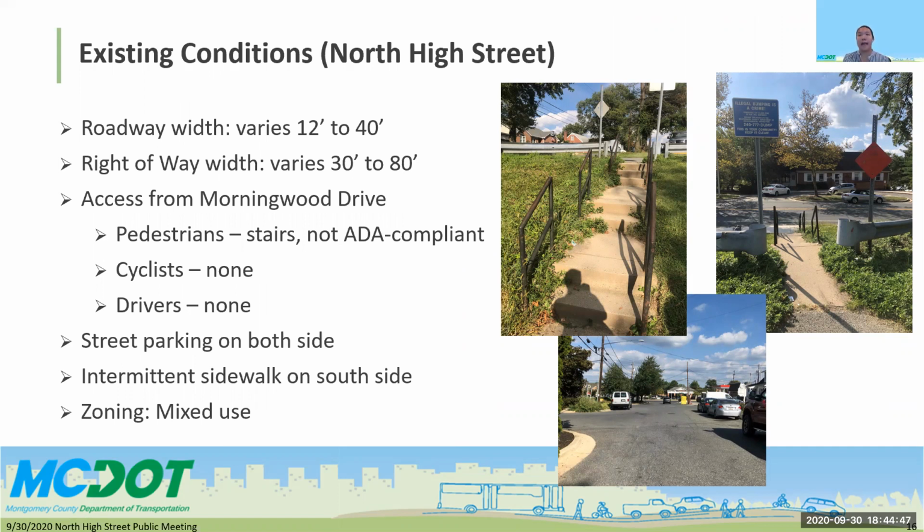In terms of access from Morningwood Drive, for pedestrians, there is a stairs, and it is not ADA compliant. For cyclists, there is none, and for drivers, there is none. And on North High Street, there's street parking available on both sides. There is an intermittent sidewalk on the south side of North High Street, and the zoning currently is a mixed use zone.